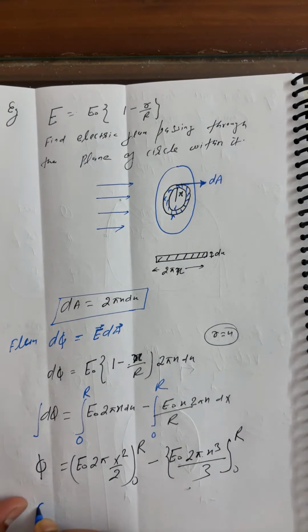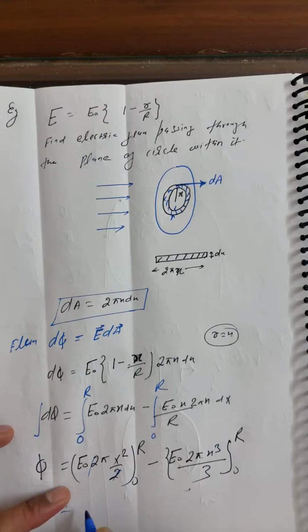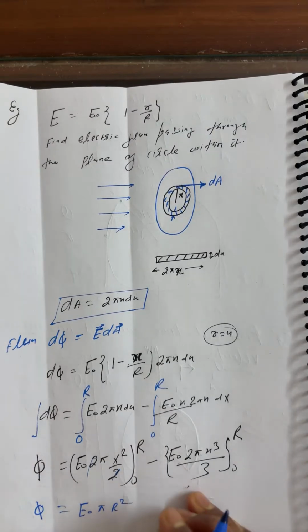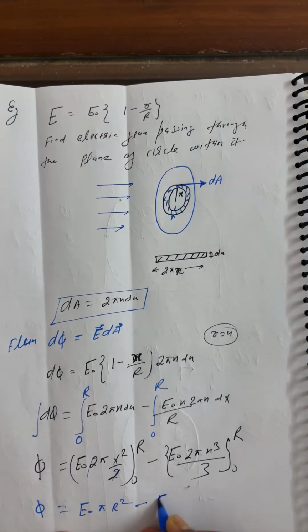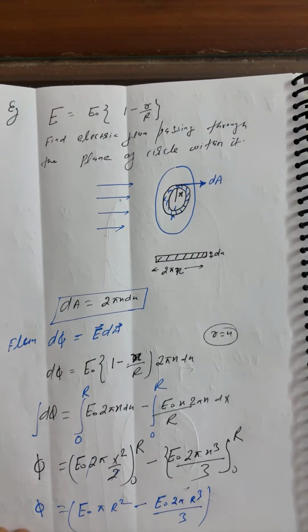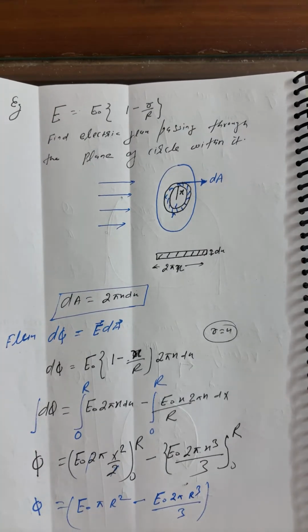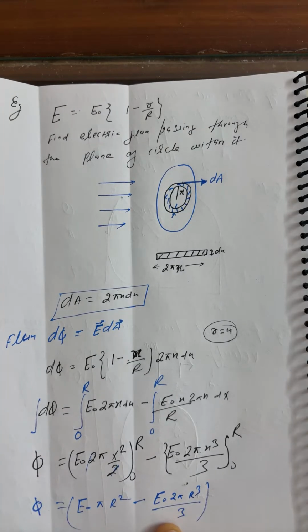So the flux phi: the 2 cancels, so you can write E naught into pi into r square, minus E naught 2 pi r cube by 3. Now, to calculate further, 3 goes this side, 3 minus 1, 2.